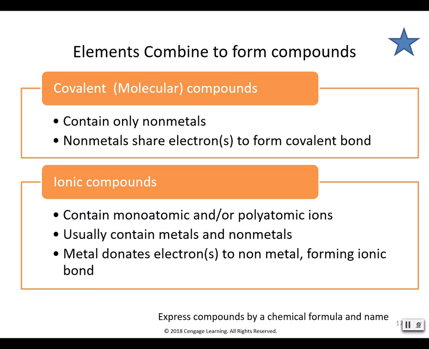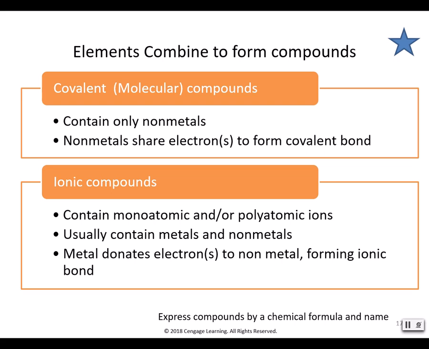And predominantly it is the metal that donates an electron to the nonmetal to form that molecule. And when that molecule is formed by the donation of an electron from the metal to the nonmetal, the attraction or the bond that is formed is called an ionic bond.